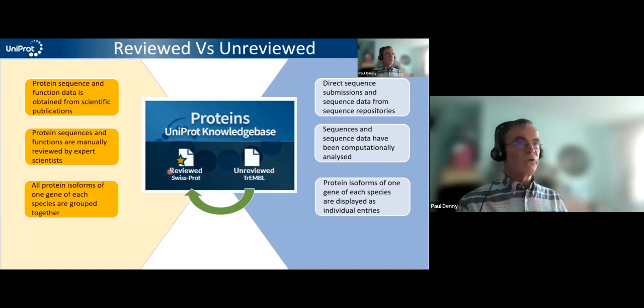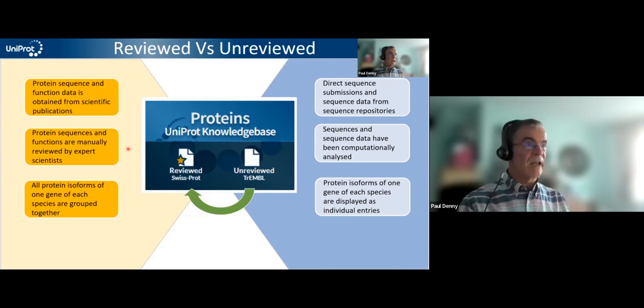There are two overall classes of protein entries in UniProt. There are those that have been reviewed, sometimes referred to as the SwissProt set, and there are those that are unreviewed, or TrEMBL. The difference between the two: the reviewed ones down the left-hand side here are protein sequence entries which have been manually curated.